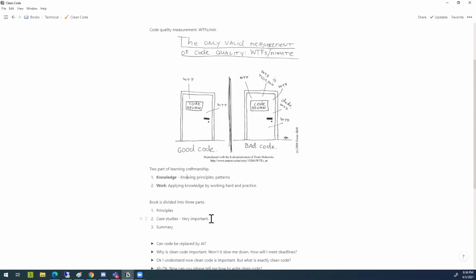Then finally, he has a summary of how these case studies were made and an overall summary of the book. This is how the book has been divided. He has focused a lot on not missing this second part, the case studies. If you just read the principles, it is like reading a feel-good book where you are just feeling good. Unless you understand it in practice and from those examples, you won't actually learn that much. That is what he wanted to tell.